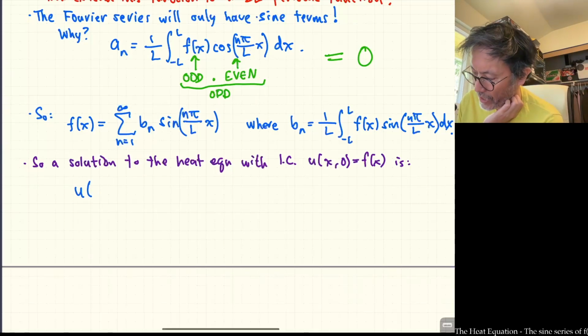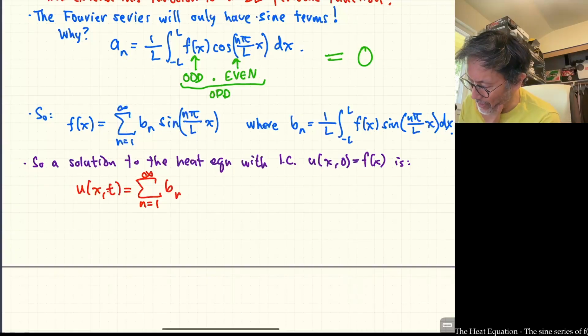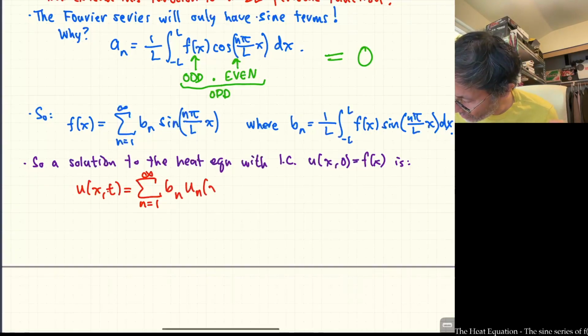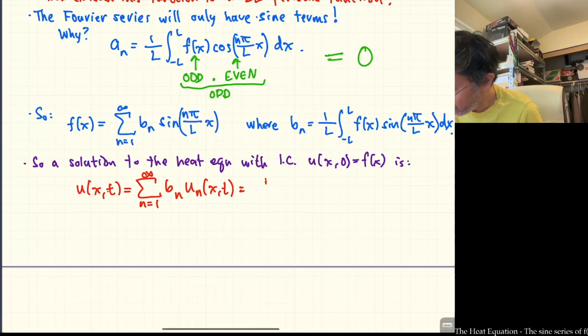Maybe I'll do this in red because I feel like it. U of x comma t is equal to the sum from n equals 1 to infinity of b sub n times u sub n of x comma t to start with. But that's the sum. It's hard for me to write with these Apple pencils.